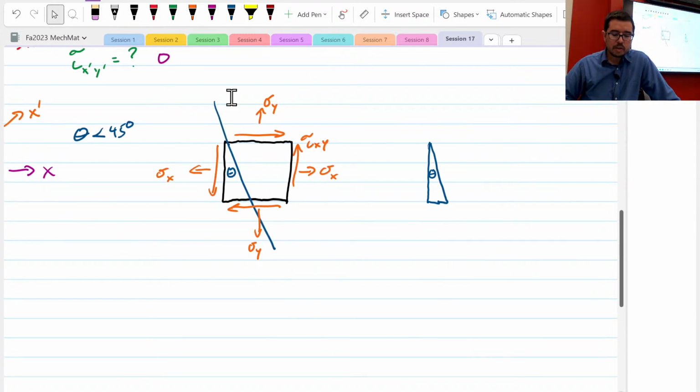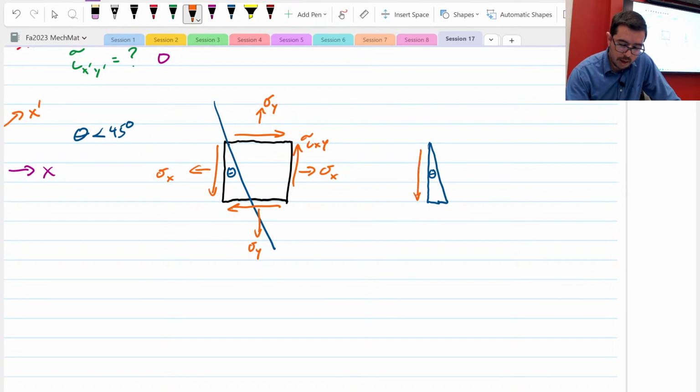Where are these stresses in this scenario? Well, we can say that we have a tau xy, okay, acting on that face. All right. We have a sigma x acting on that face. We have a sigma y acting on this face, and we have tau xy as well acting on that face.